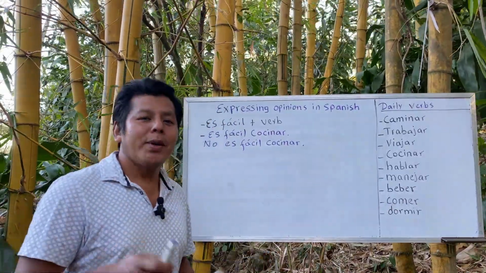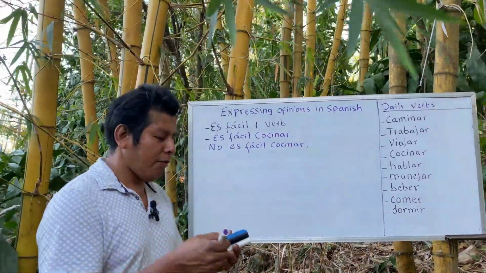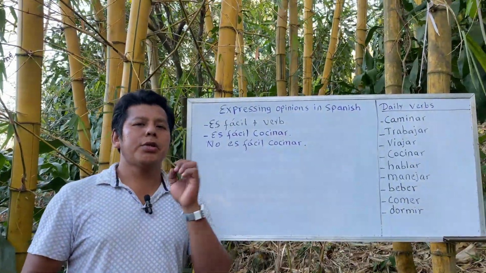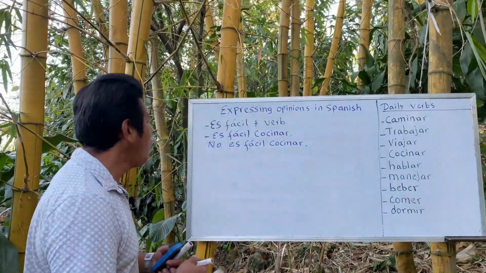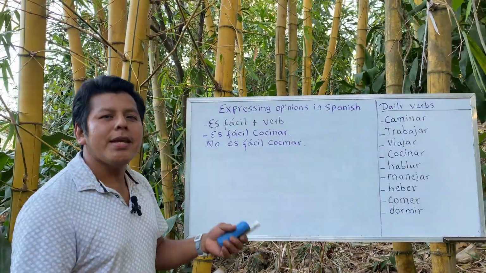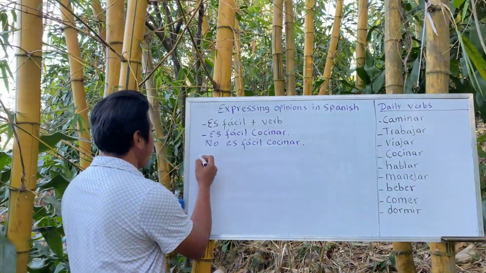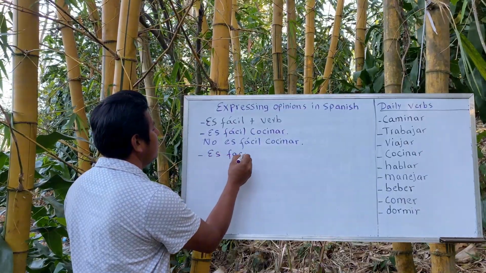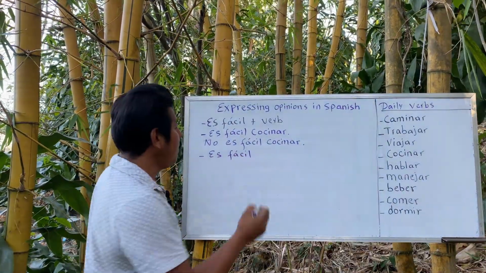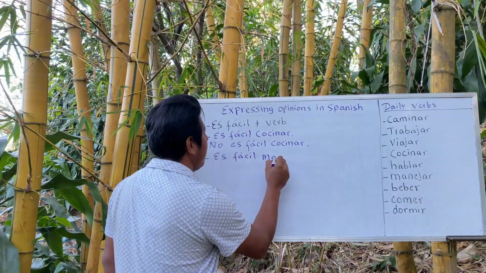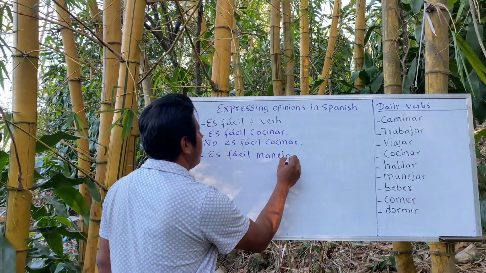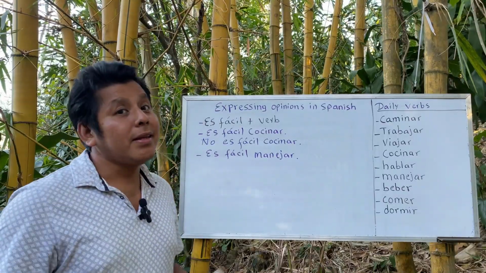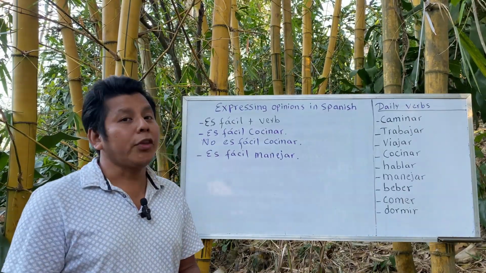Manejar. What about manejar? To drive. So let's make the sentence. It's easy to drive. If you can drive, how would you say it in Spanish? Es fácil manejar. But I can say it's not easy to drive.